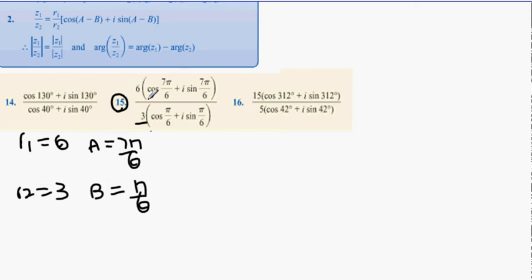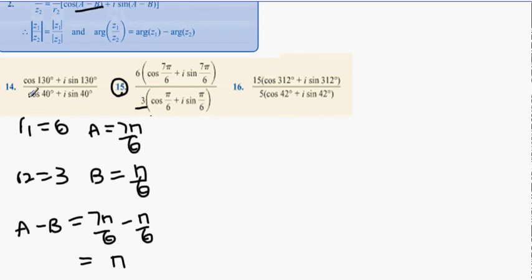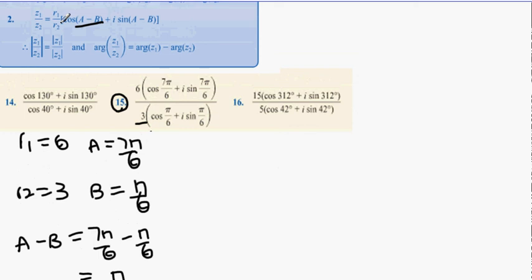This is division of complex numbers, so we're going to be using A minus B. So A minus B is 7 pi over 6 minus pi over 6, which is 6 pi over 6, which is the same thing as pi. You can put that in the calculator to find out. So R1 divided by R2, as shown in this part here, is 6 divided by 3, which is 2.